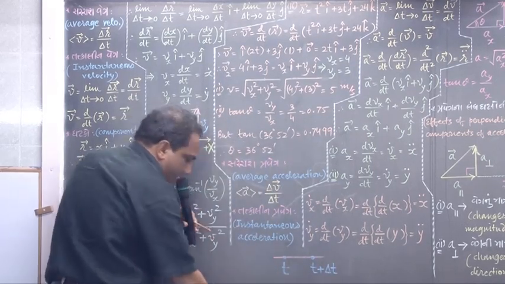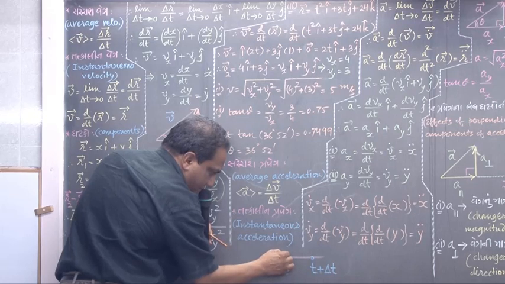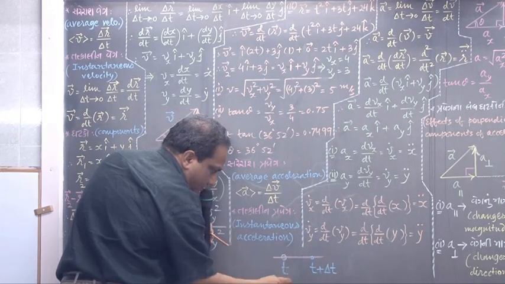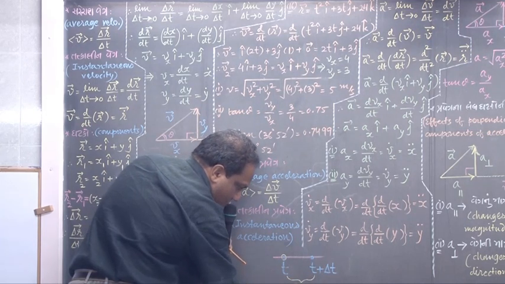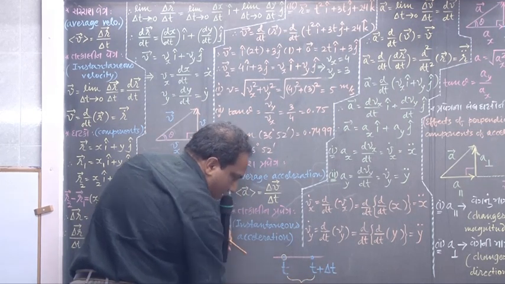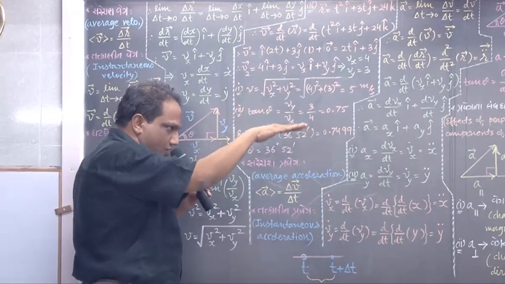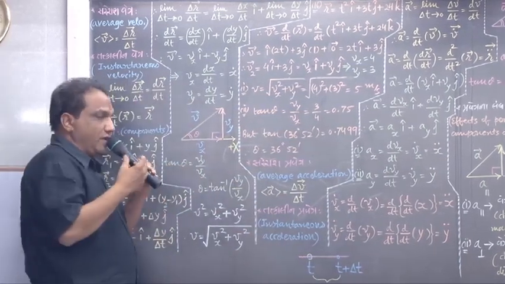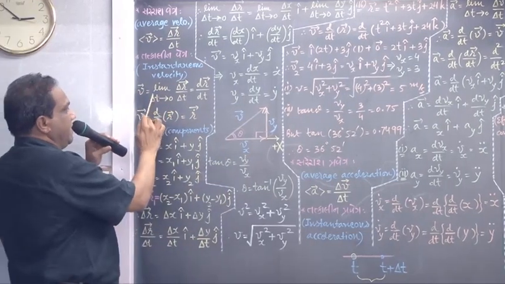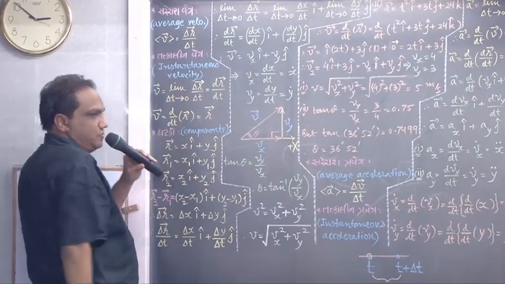Now if you want any value at this particular moment, then the time interval between these two instants should be reduced. It should be made smaller and smaller. So mathematically you can write limit delta t tends to 0.